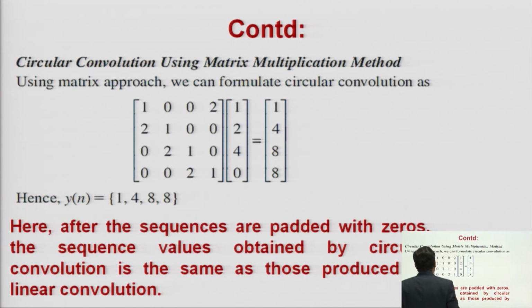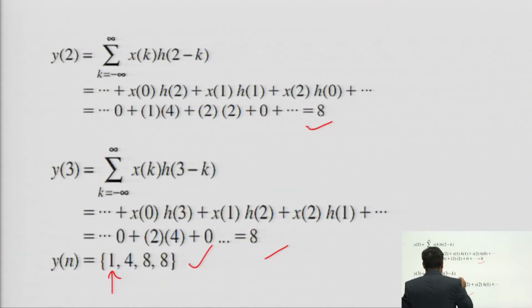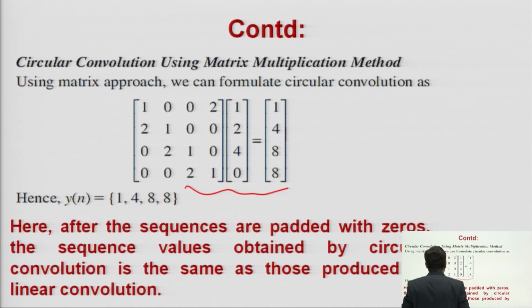Now, circular convolution can also be represented in matrix form, and in matrix form, keeping in mind this data, you can conclude the output, which will be 1 4 8 8.